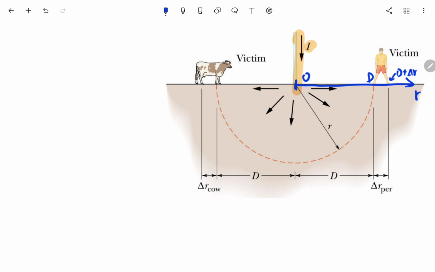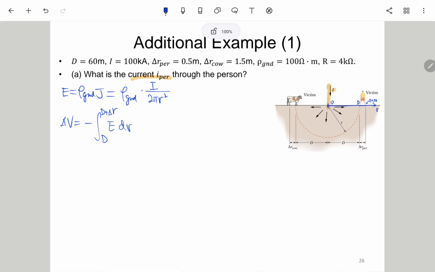I'll skip the subscript for now; later we can put in person or cow.